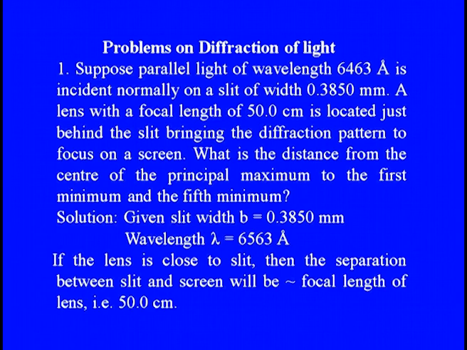In this problem, slit width b is equal to 0.3850 millimeter and the wavelength of light lambda is equal to 6463 angstrom. If the lens is close to the slit, then the separation between the slit and the screen will be equal to the focal length of the lens, that is 50 centimeter.